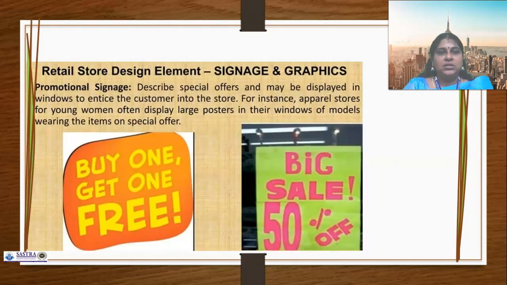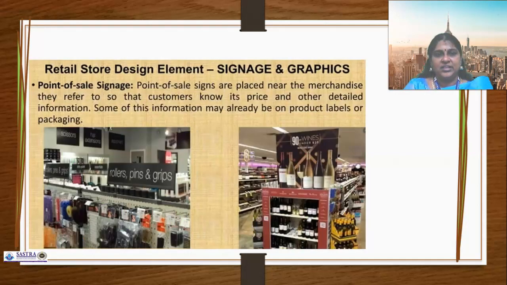And the second one is the promotional signage. It describes special offers and may be displayed in windows to entice or attract customers into a store. For instance, apparel stores for young women often display large posters in their windows of models wearing the items on special offer with peculiar designs.